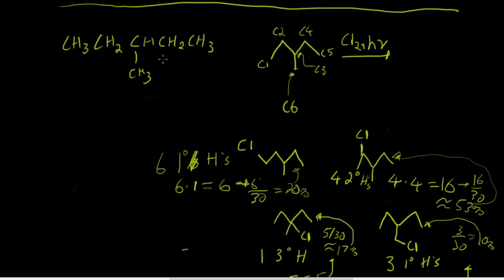And this was interesting in another way because there are two groups of primary hydrogens that were not equivalent to one another. The ones on this carbon were one carbon away from the branch point, while the ones on this carbon and this carbon were 2 carbons away from the branch point.